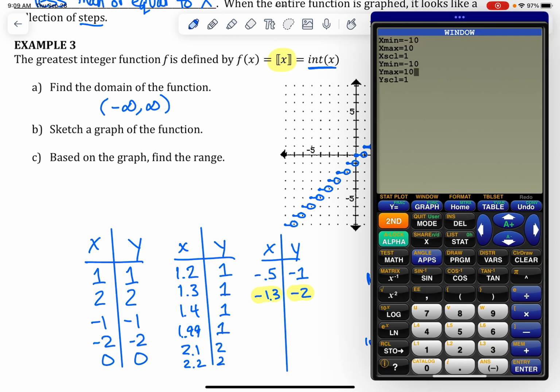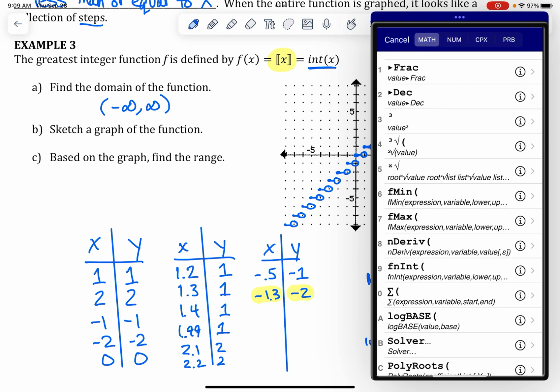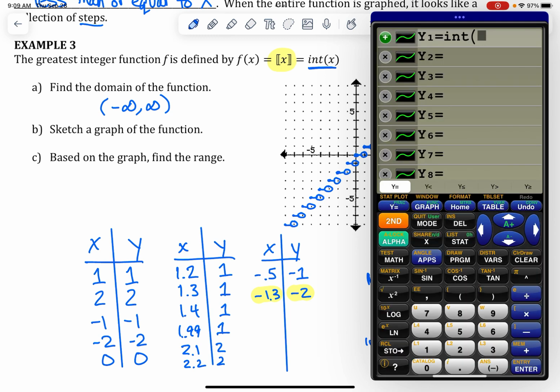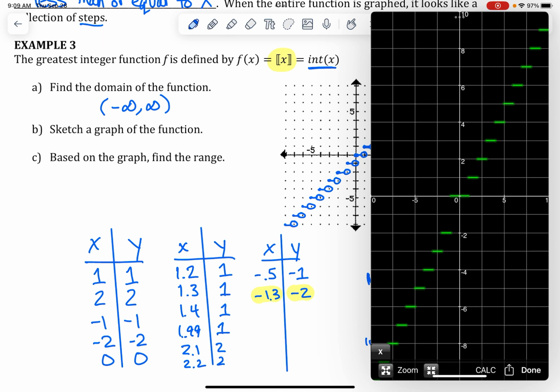So if we go to y equals, find your math button, go to NUM, and you can see that 5th option, which is integer. Put your x in there, and there you go. If your window is the basic standard window, -10 to 10, you can zoom 6 and graph it, and you can see the step function.